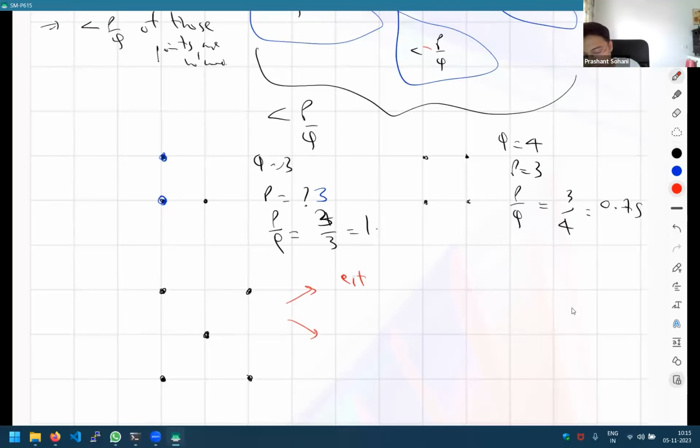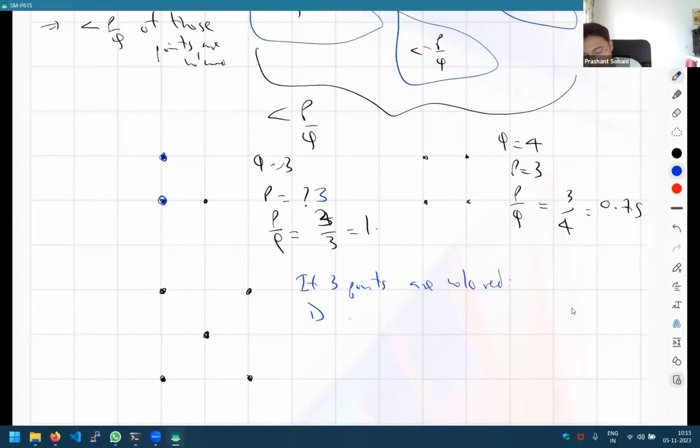Suppose I color 3 points. Let me write it properly. If 3 points are colored, then two things can happen.